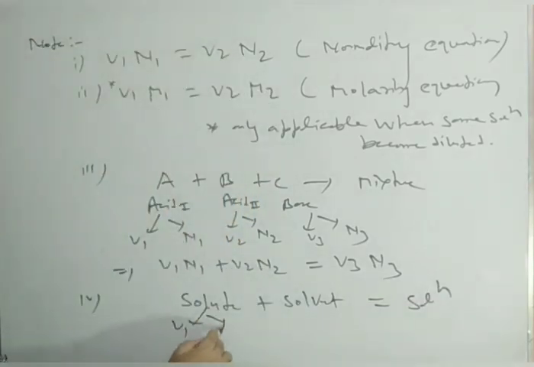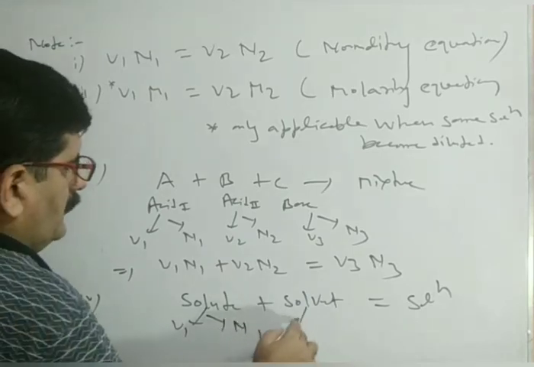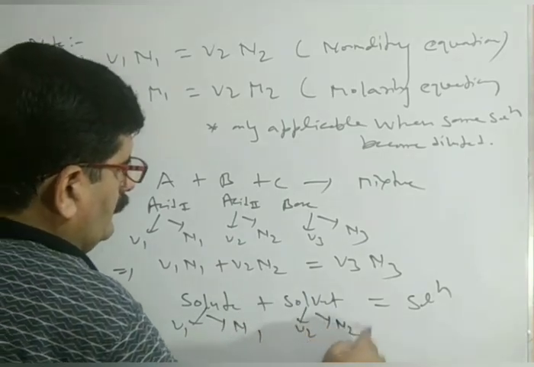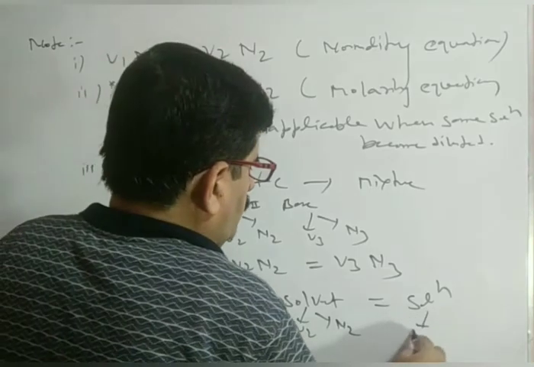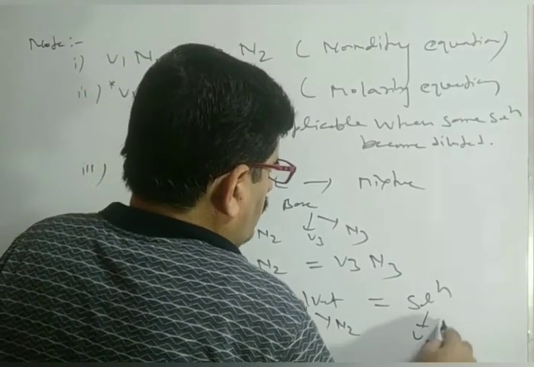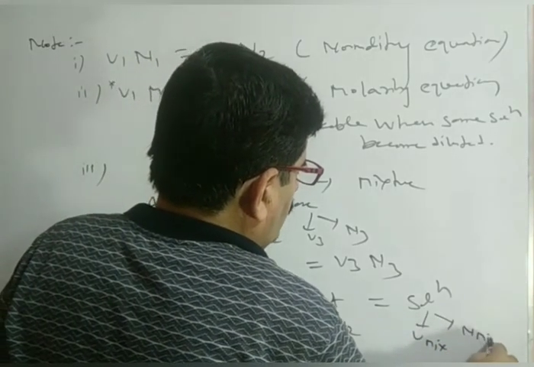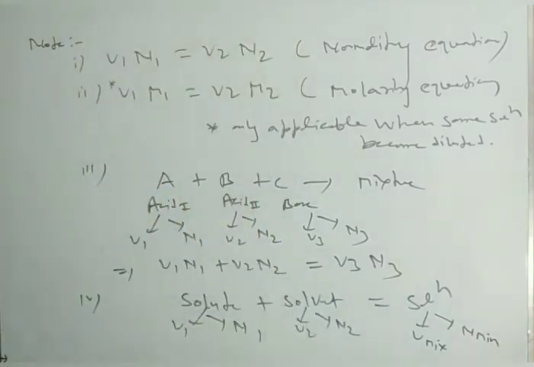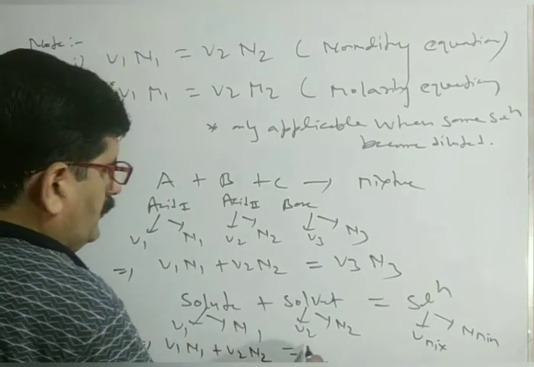Here V1N1, V2N2. Here we can write V mixture, N mixture. So V1N1 plus V2N2 is equal to what?